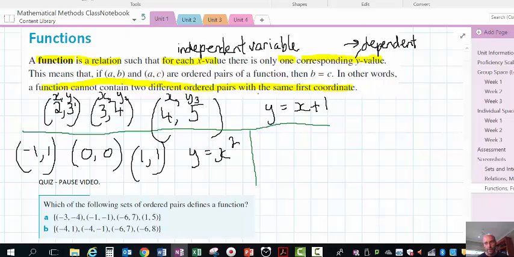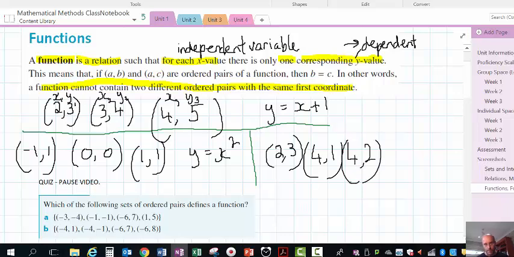And what about another example? What if we have these ordered pairs: (2, 3), (4, 1), (4, 2). There's a problem with this one, isn't there? Not every x value has a different y value.